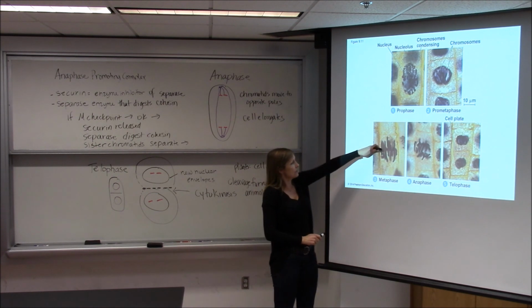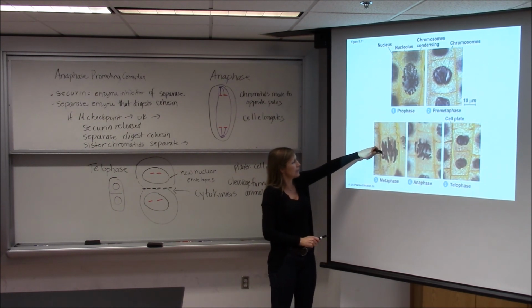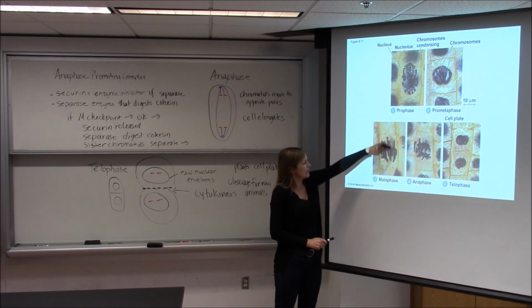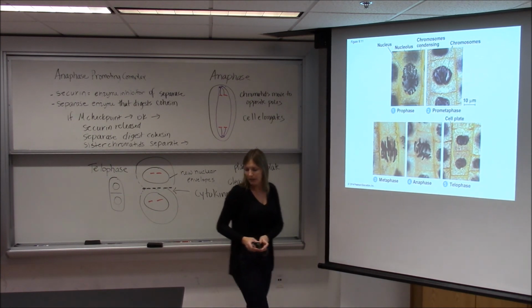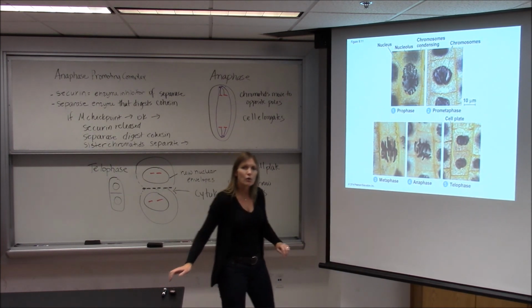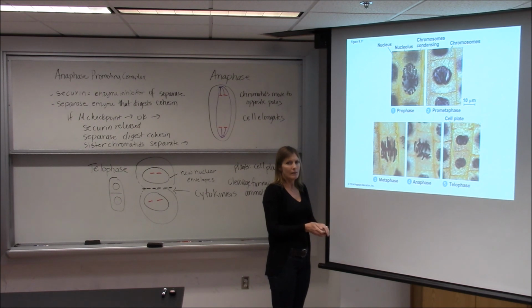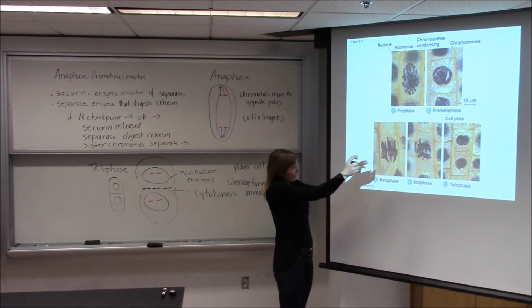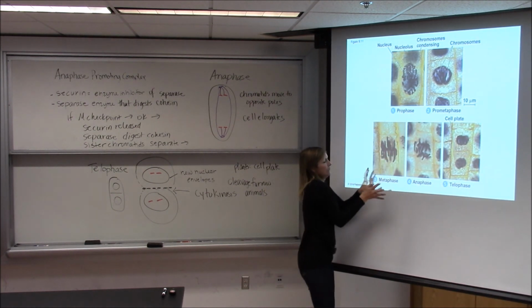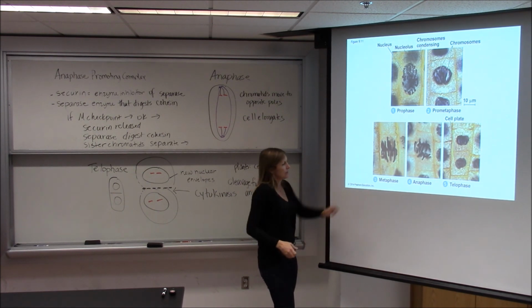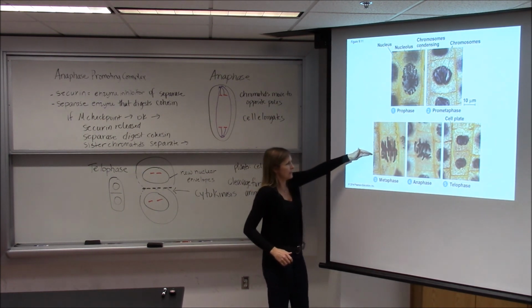Then at metaphase, they're aligned along the equator of the cell. It's really hard to see that here because in a plant cell, sometimes the chromatids are really long. So you get this sprawling rather than a nice little line. But this is indeed all aligned on the equator.